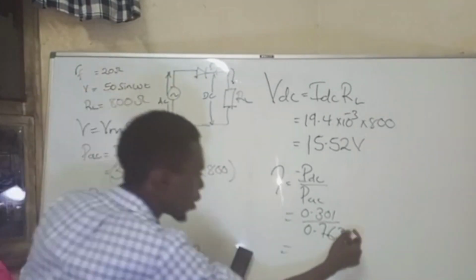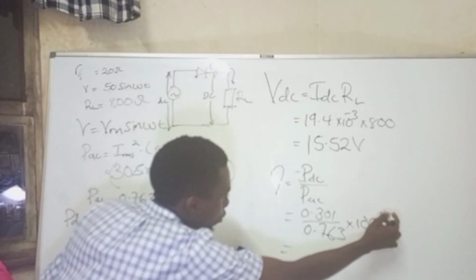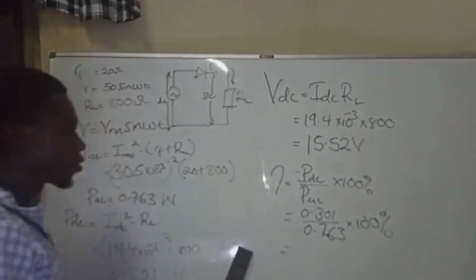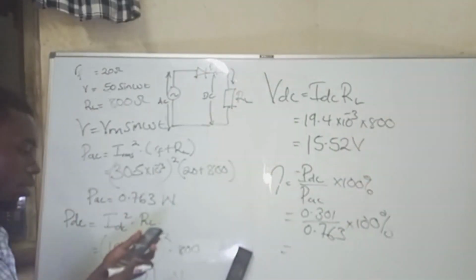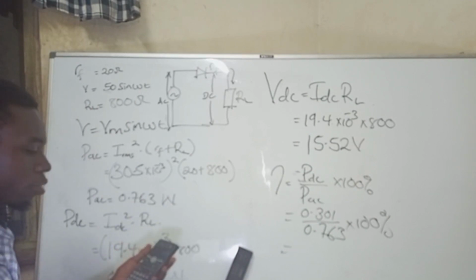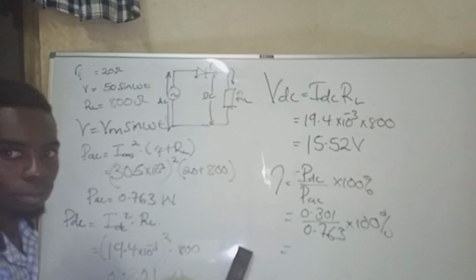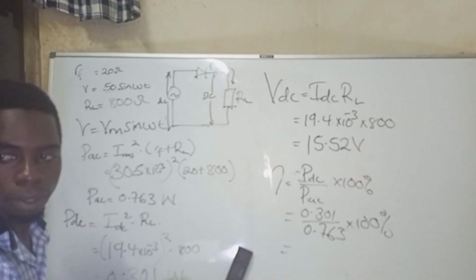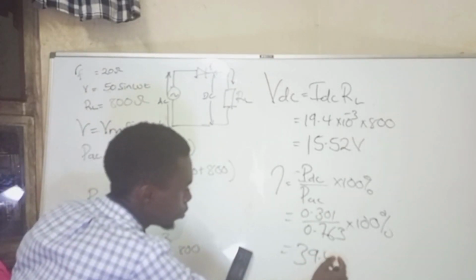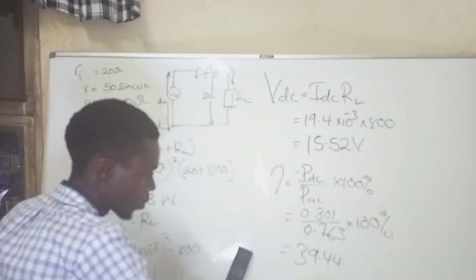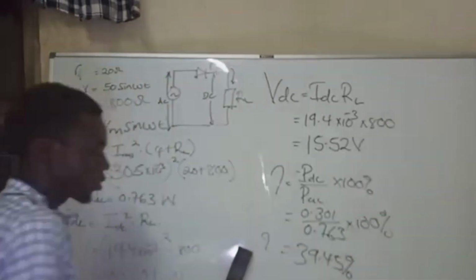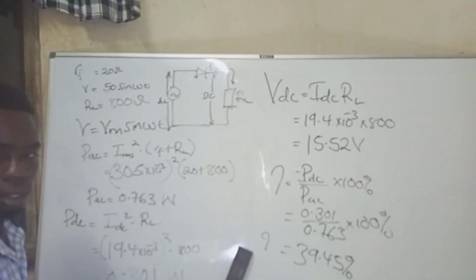Then we multiply by 100 percent. This is giving me an efficiency of 39.44, or 39.45%, as my efficiency of rectification.